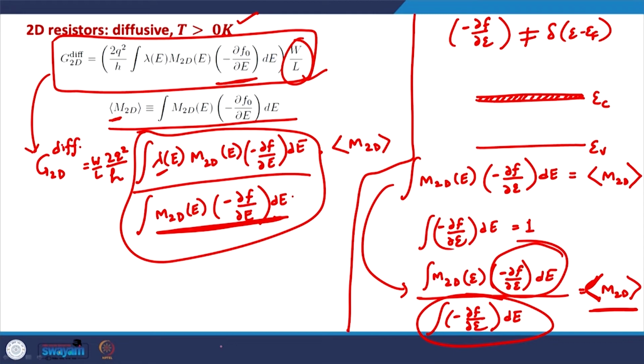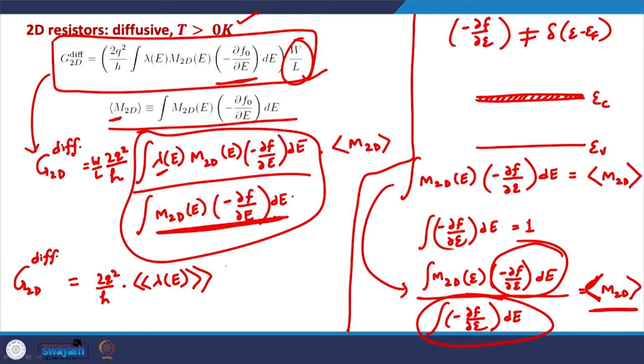So, what it intuitively means is that we can write the diffusion conductance G2d at normal temperatures to be 2q square by h times the average of lambda, times the average of m2d.